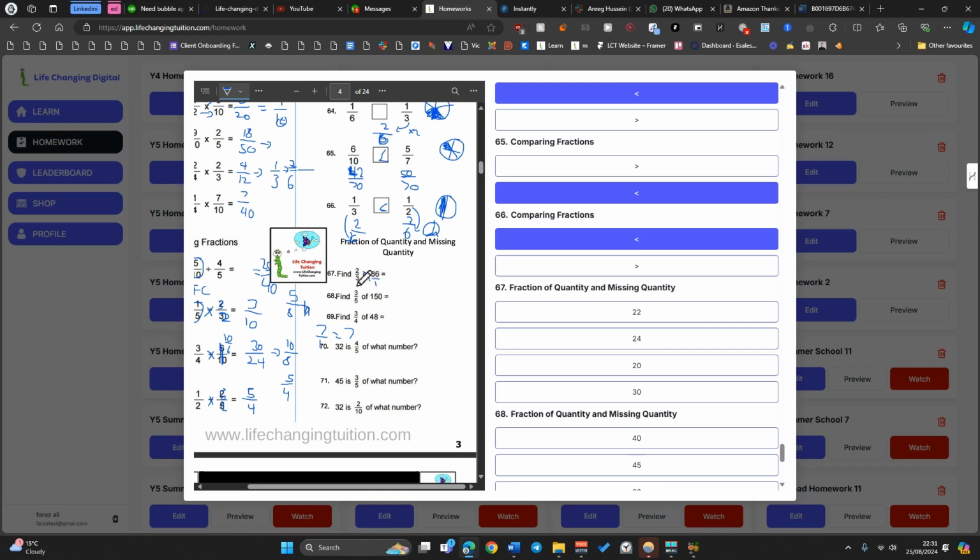You can times the top by the top and the bottom by the bottom. So 2 times 36 is 72, and 3 times 1 is 3. So 72/3 is the answer here. Now you can see none of the options here have 72/3, so what we can actually do is simplify that. So 3 goes into 3, 1 time, sorry. And 3 goes into 72, I believe it is 36 times.